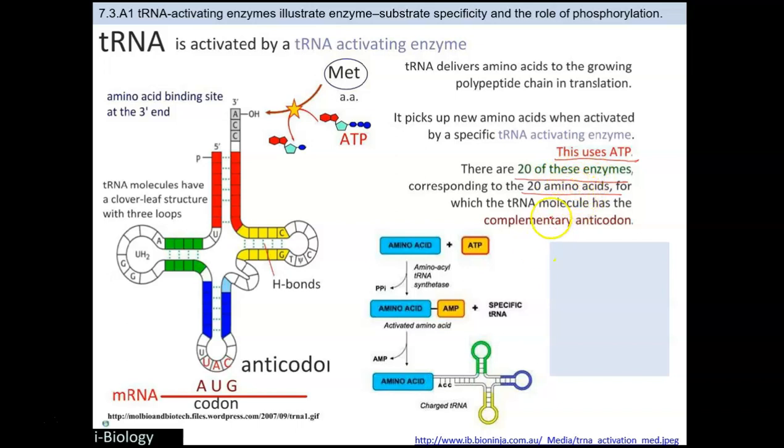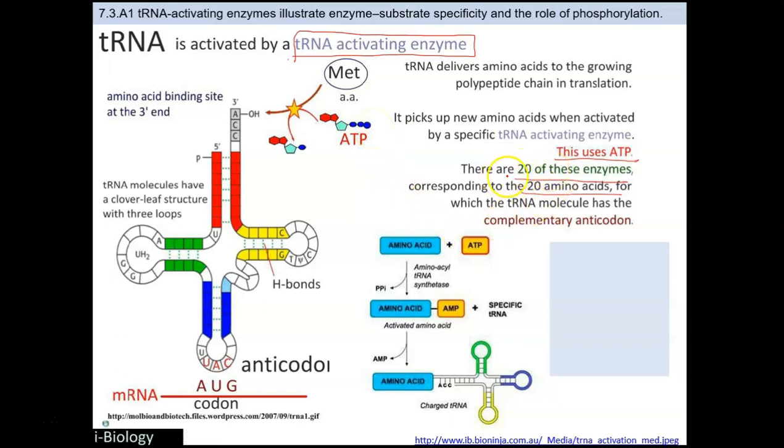In common, we call all of them tRNA activating enzyme, but technically we should have at least 20 tRNA activating enzymes, because each enzyme should act specifically for each tRNA and amino acid. So the one that is activating methionine cannot be used for activating threonine, for example, or other amino acids.